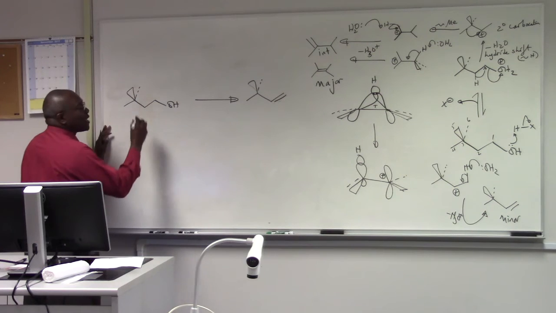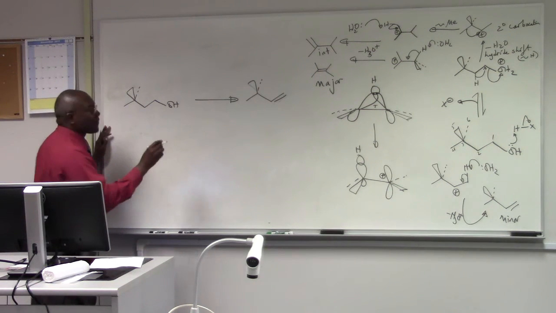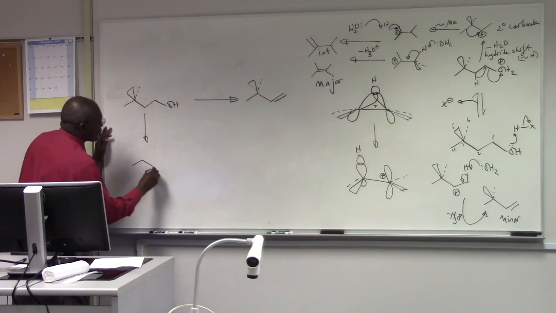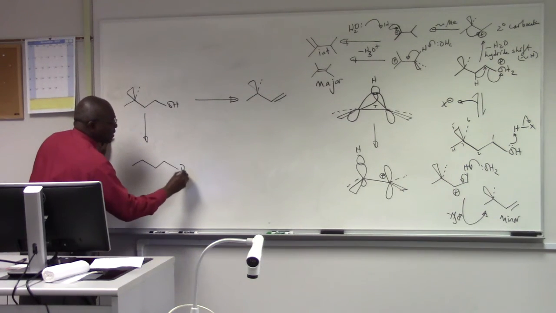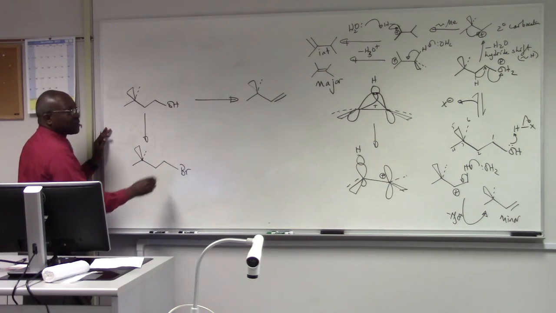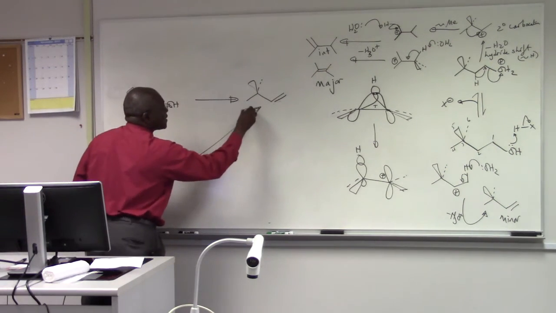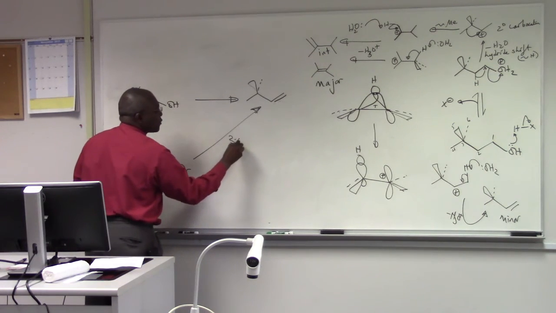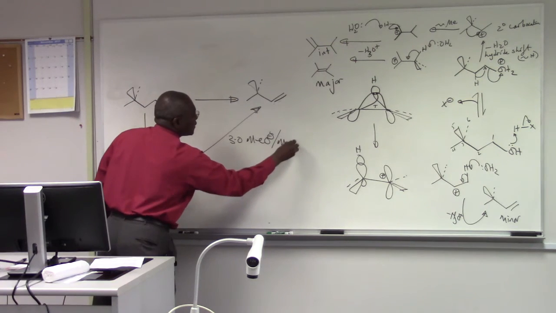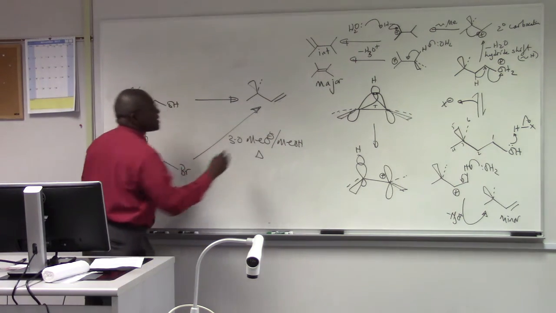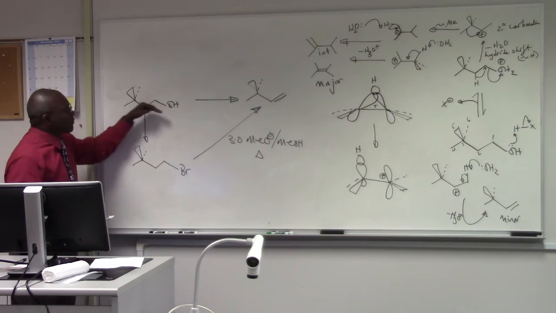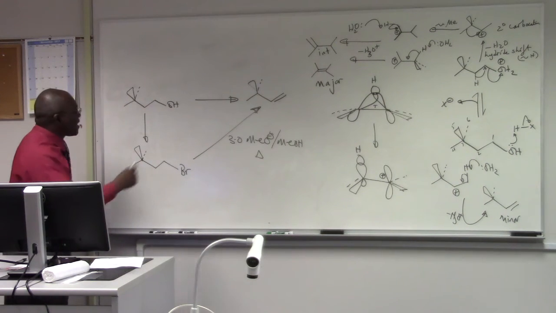So what I'm going to do is not go E1. Instead, I'm going to convert the alcohol to a substrate which I know will give me E2 chemistry. I will convert the alcohol into the bromo compound and then heat that under classic E2 conditions, 3 molar methoxide in methanol. All you have to do is figure out how to go from the alcohol to the haloalkane, and that's very easy.